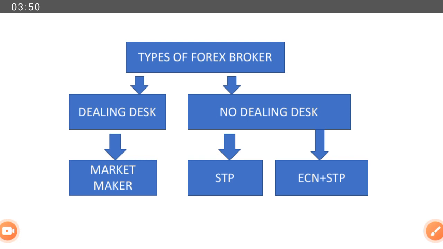The dealing desk, they operate as a market maker. The no dealing desk, they operate through STP or ECN plus STP. What is STP? Straight through processing. What is ECN? Electronic Communication Network.